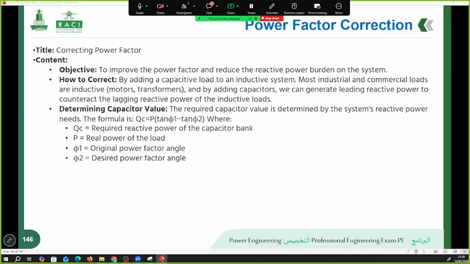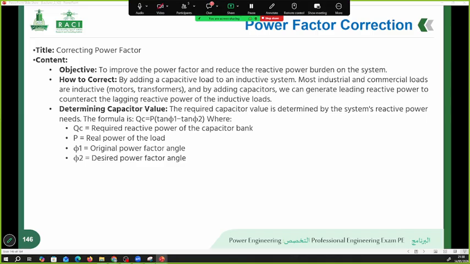Most industrial and commercial electrical loads like motors, transformers, and induction furnaces are inductive. This means that they require and consume a large amount of lagging reactive power to create their magnetic field. The most common and effective method for correcting low power factor is to add a capacitive load to the system.